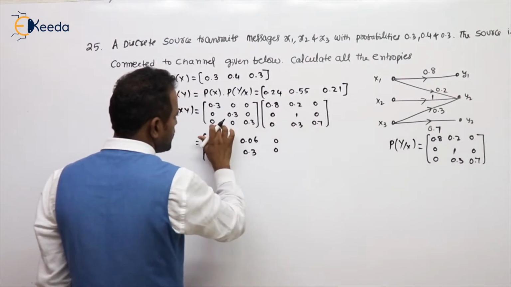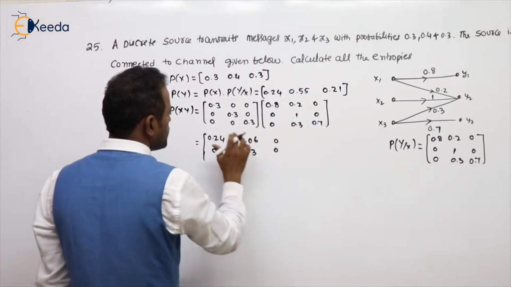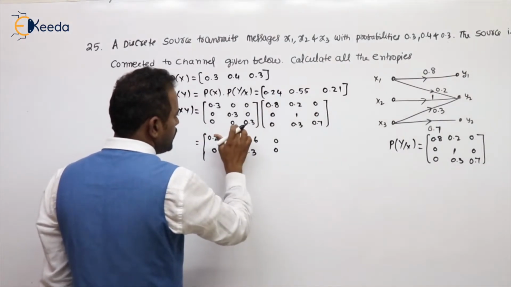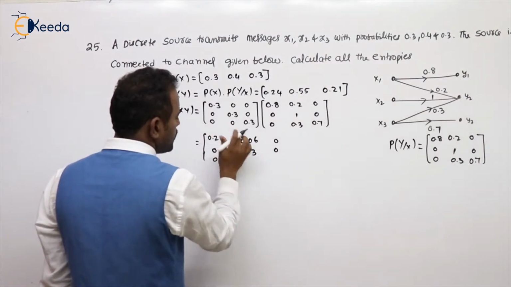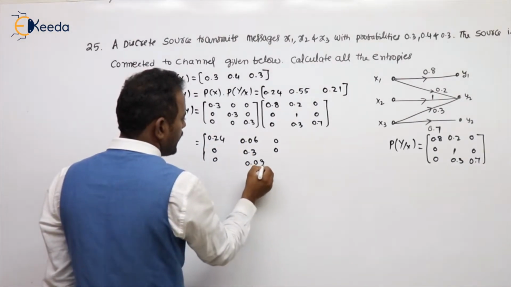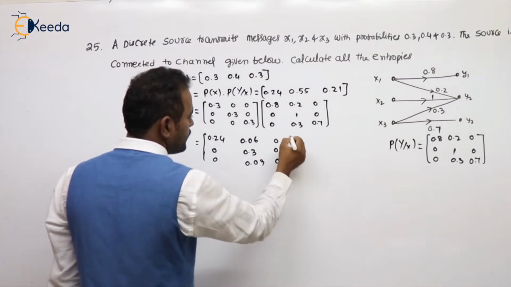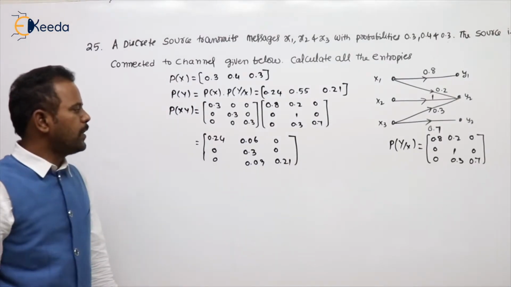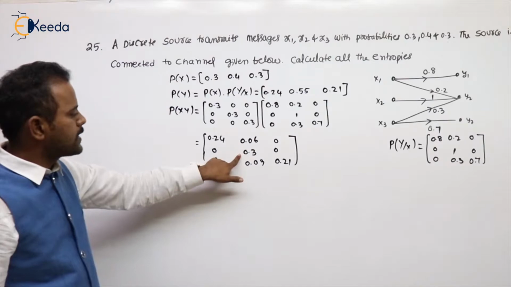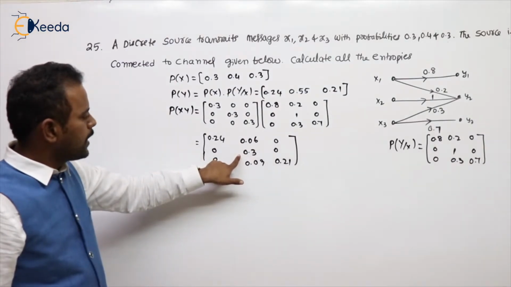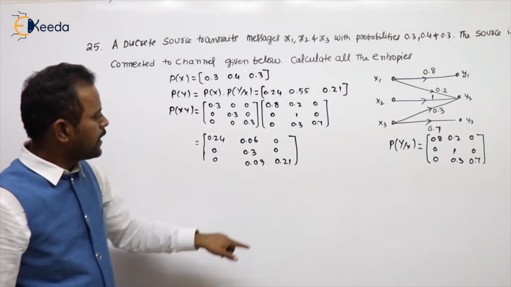Next, this one with this column, 0, 0, 0. Next, 0, 0, 0.9. Next, 0, 0, 0.21. Add all probabilities just for our confirmation. This is 0.3, 0.3, 0.6, 0.6 now. I add 0.3, 0.3, 0.6, and it's 0.9 only coming now.